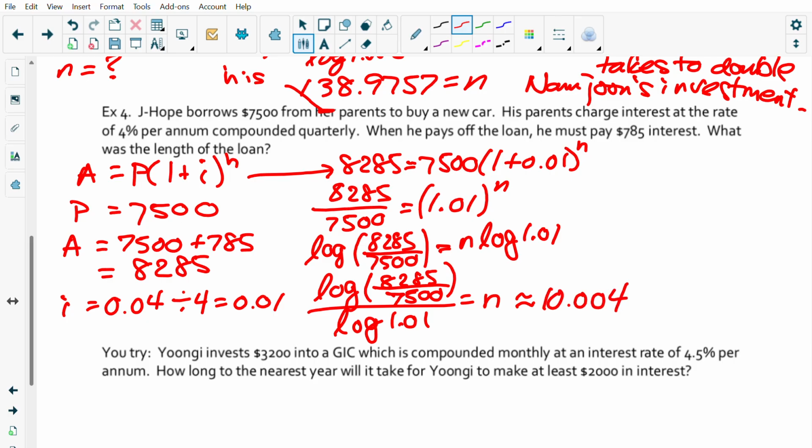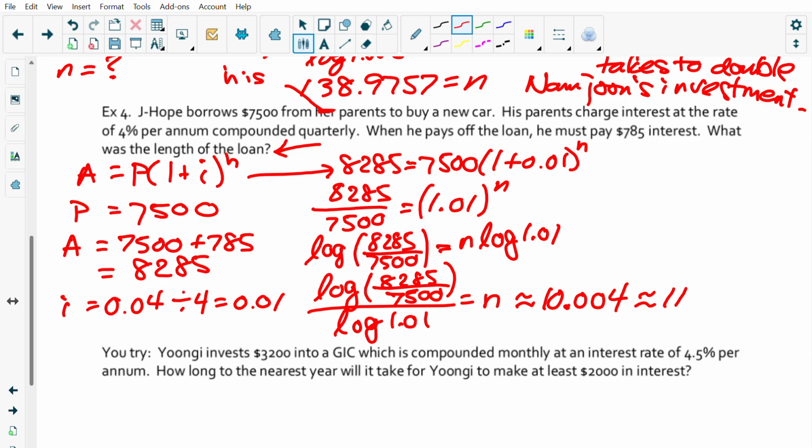That's going to be roughly 10.004. Okay. I can't say 10. I have to go up to the next whole number, because if I say 10, that's going to be short of the full term of the loan, right? So I'm going to go up to 11. It's going to be more than the full term of the loan, and it's going to guarantee that he pays off the loan. But if I go down to 10, he's going to be short of the time it takes to pay the loan.